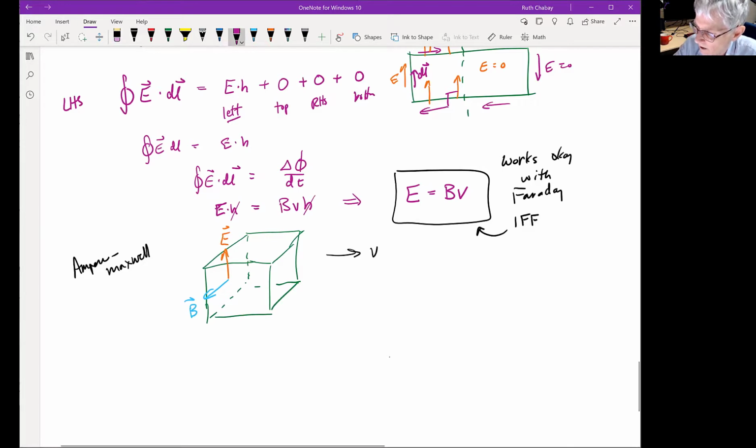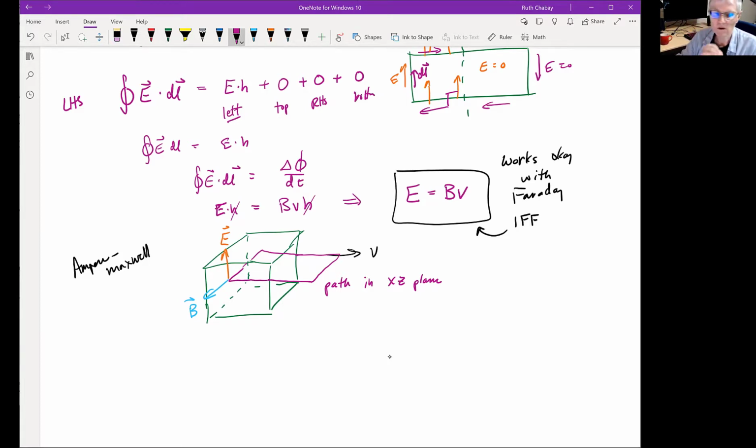Our path is going to look like that. So we're going to worry about that path, and we're going to worry about the surface.